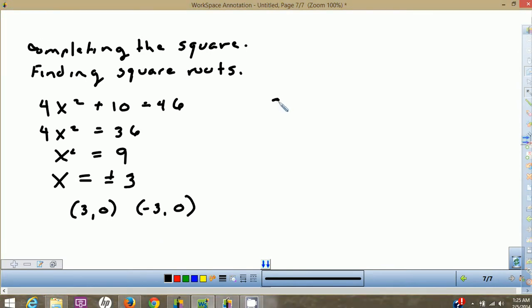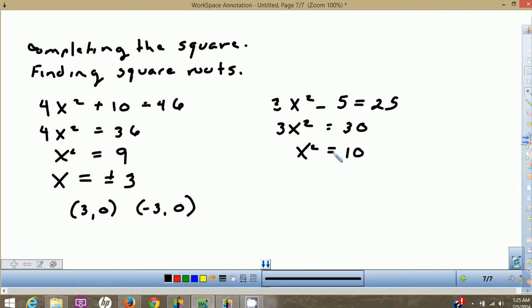For example, let's say we have 3x squared minus 5 equals 25. If I use the same process to solve this problem, and I add my 5 to both sides, 3x squared equals 30, divide both sides by 3, x squared equals 10, and then take the square root of both sides.